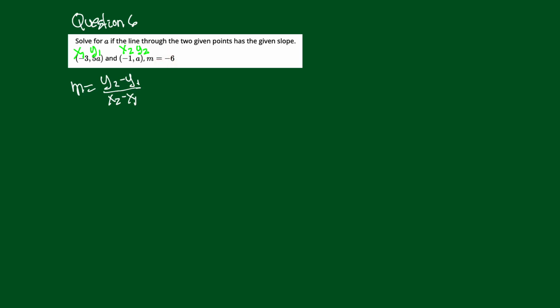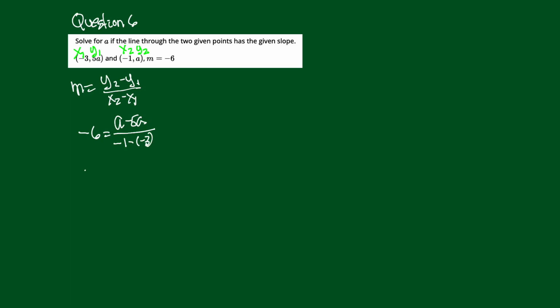So we know that negative 6 is equal to, let's make the computations. The numerator, second y minus first y, is a minus 5a, over second x minus first x, so negative 1 minus negative 3.